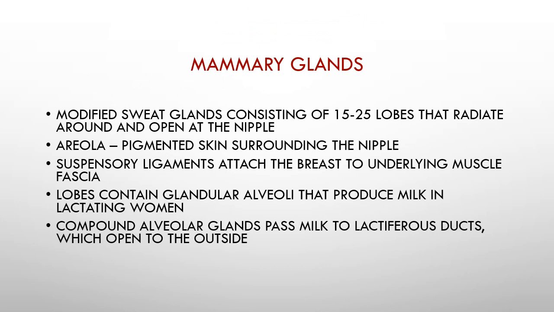Both males and females have mammary glands. In the male, they tend to not develop, and they also tend to stay relatively small and non-functional. In the female, however, they will develop under the influence of the female hormones at puberty, and they will typically be one of the first signs of puberty in females. Inside the mammary gland tissue are anywhere between 15 and 25 lobes.